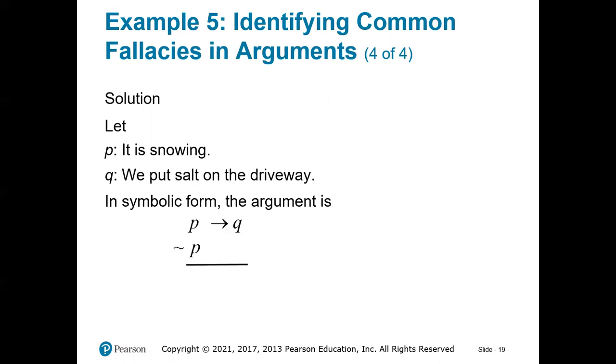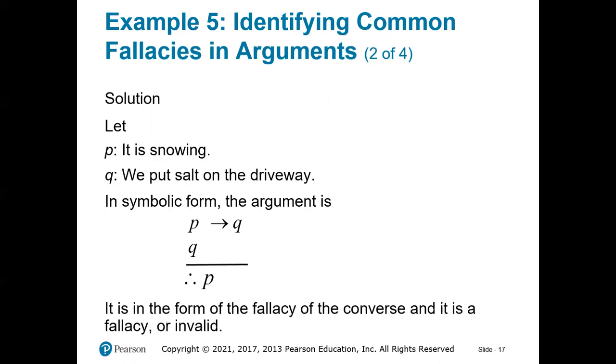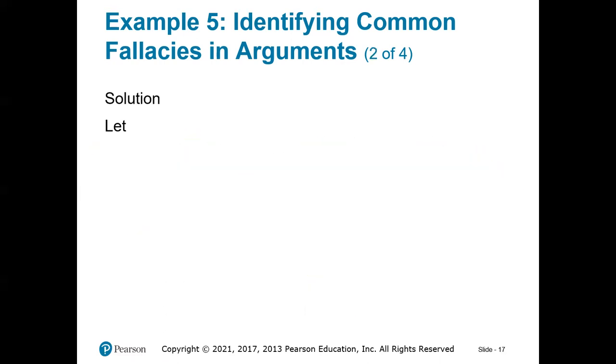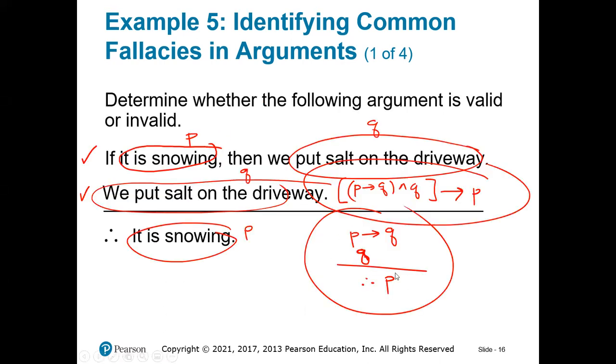If I go back to my example, if you do the truth table of this one here, you will realize it is a fallacy. Why? Because you're not going to have T in every column.